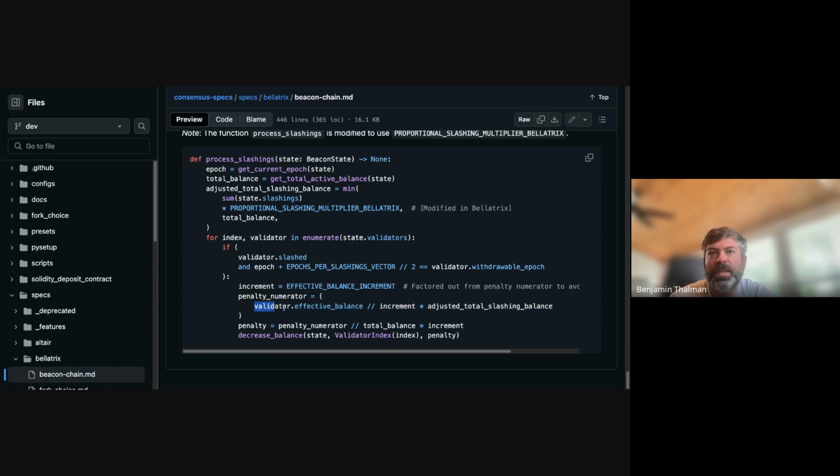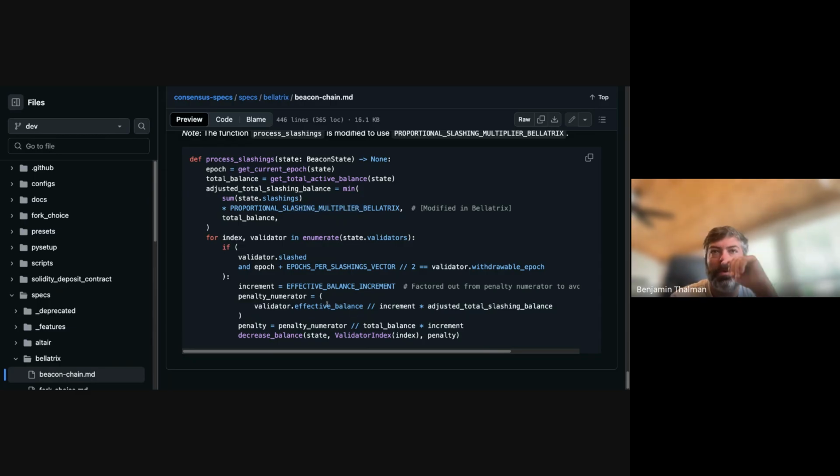Because here you can see this is your balance in ETH, rounded down to the nearest whole ETH, multiplied by this amount here, which takes into account all of the validators that committed a slashable offense by their effective balance, and you're multiplying that by 3. Now, it's not yet a proportion.